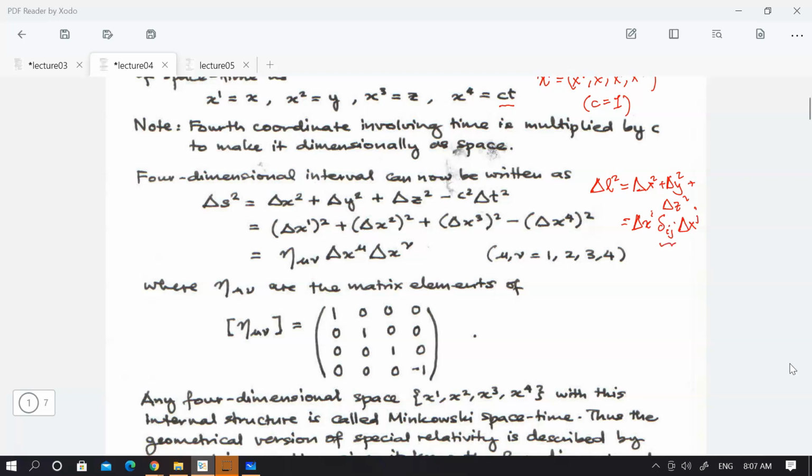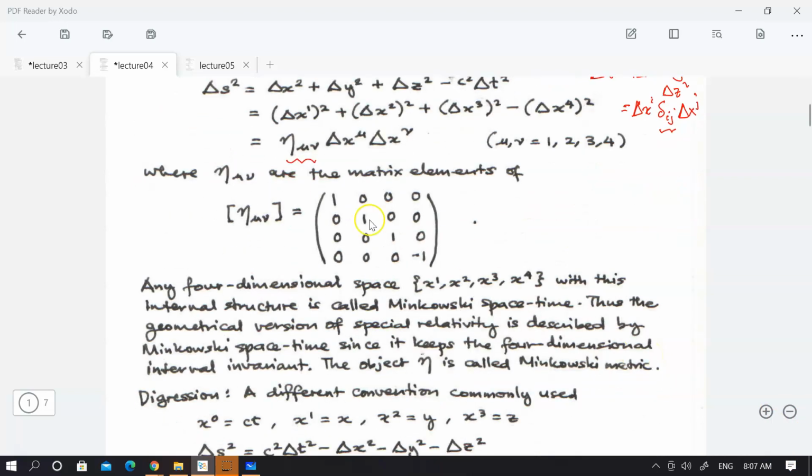In the same way, we are having a Minkowski metric here. And the Minkowski metric has this representation as a matrix with the diagonal elements 1, 1, 1, and then the final one corresponding to the time here, and you see the time is actually given by a minus sign, essentially this is minus 1.